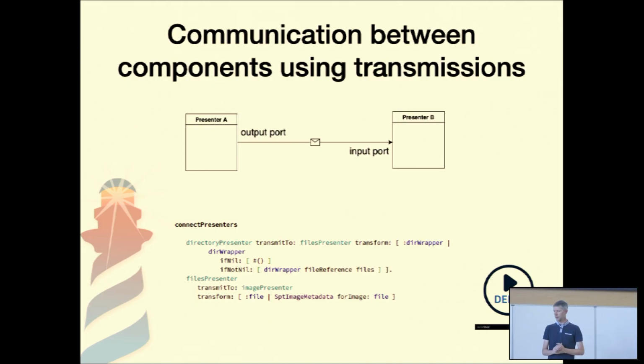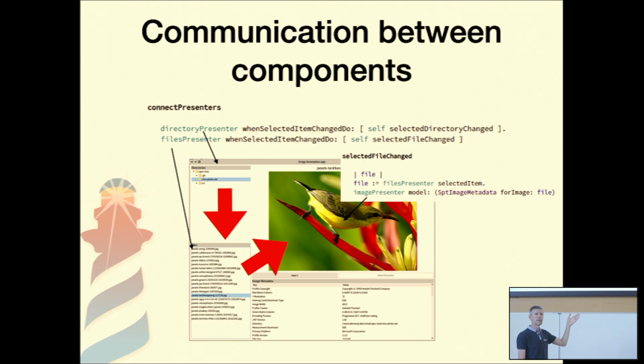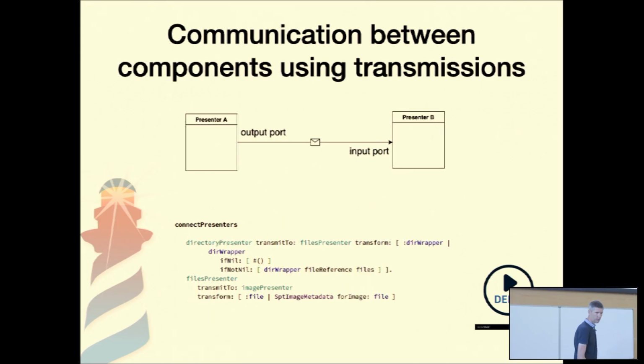We have different ways to do that. The first one is with this API. When selected item change, etc. You have a lot of different methods, but you have also a different mechanism in Spec that I find very nice. It is called transmissions.